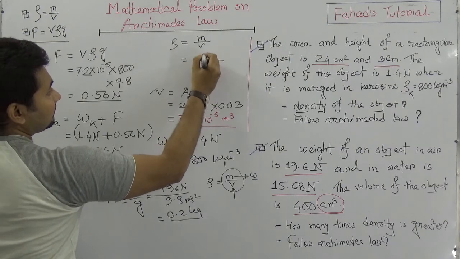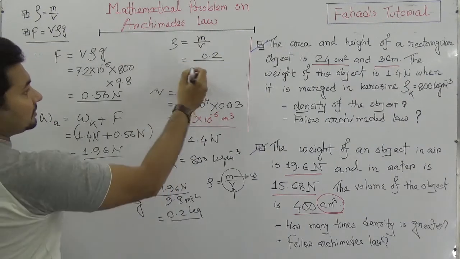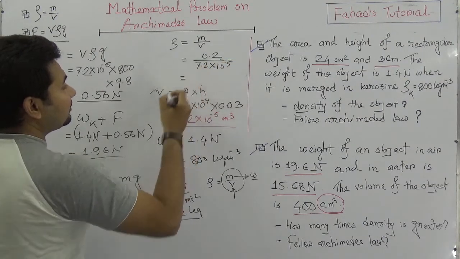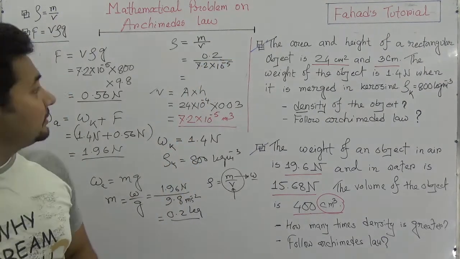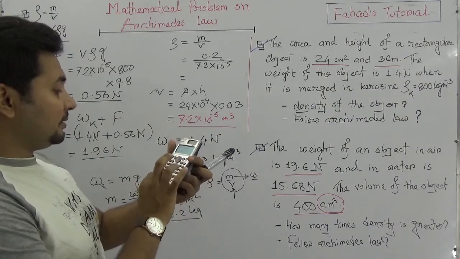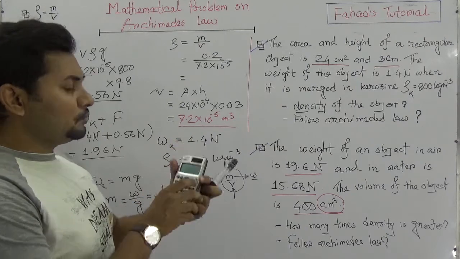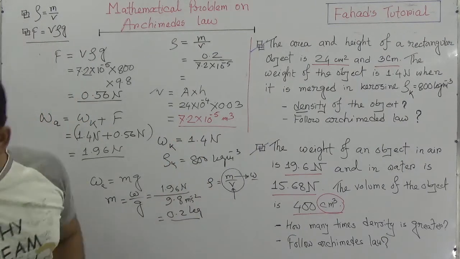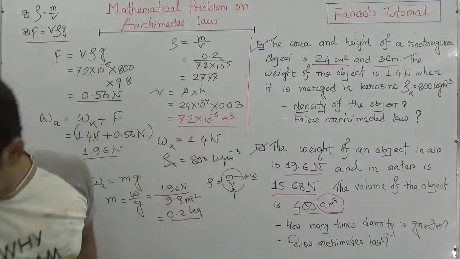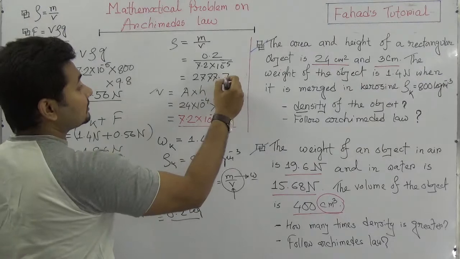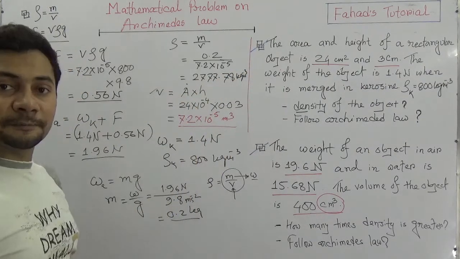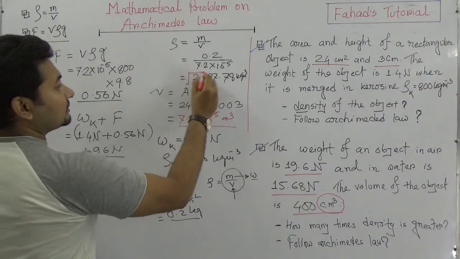As we got m as 0.2 and v is 7.2 times 10 to the power minus 5, it would be 0.2 divided by 7.2 times 10 to the power minus 5, which is 2777.7. Wow, a lot of 7s. So 2777.78 kg per meter cube is the answer.